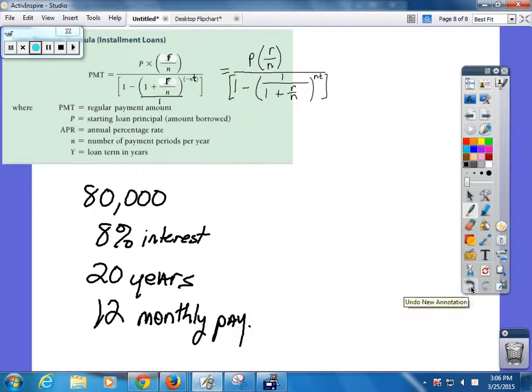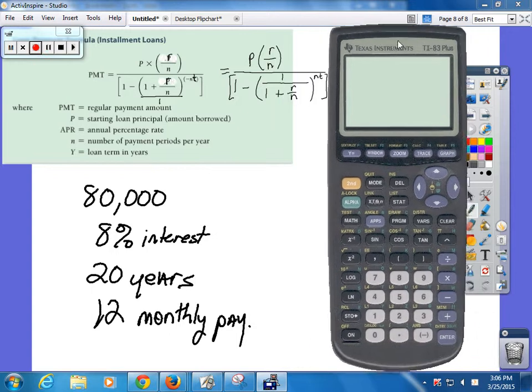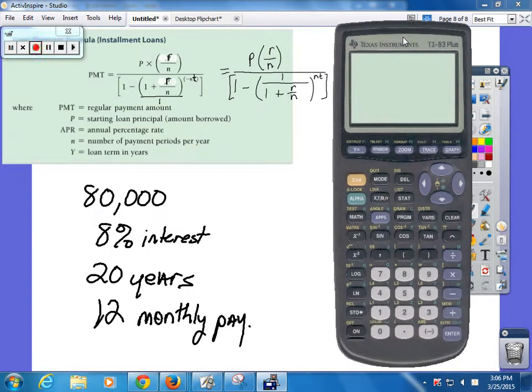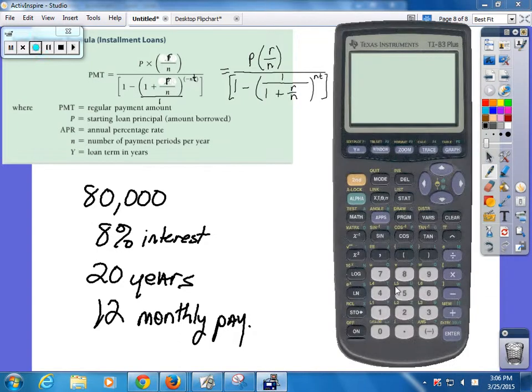All right, so I'm going to pull up my handy dandy calculator. And this is for students that were on the calculator drill team in high school. So this is your type problem. So 0.08 divided by 12, and add that to what? 1.